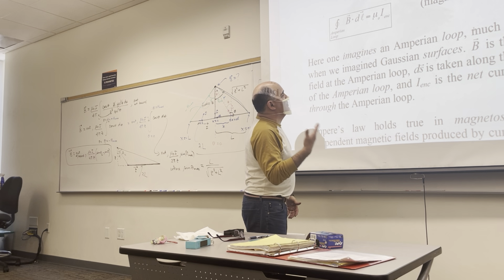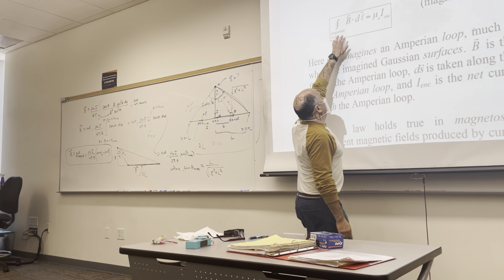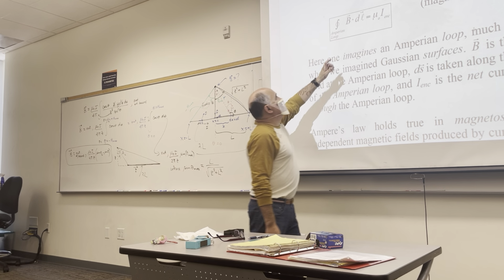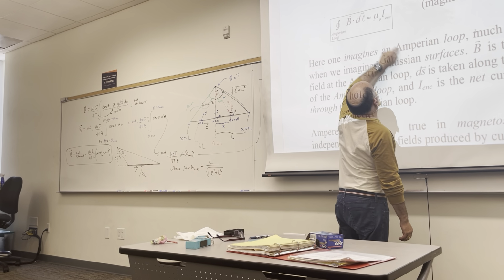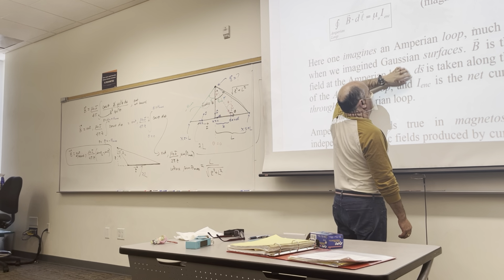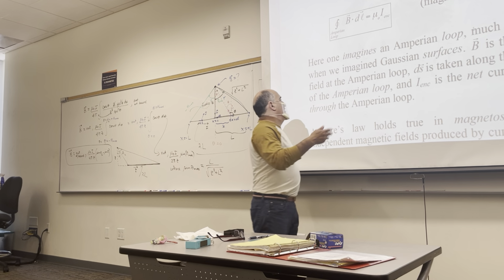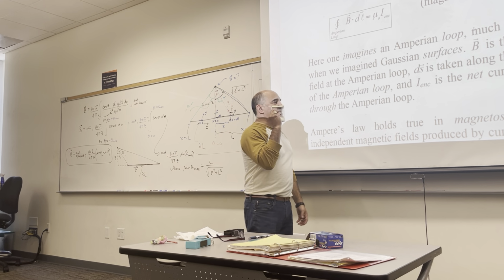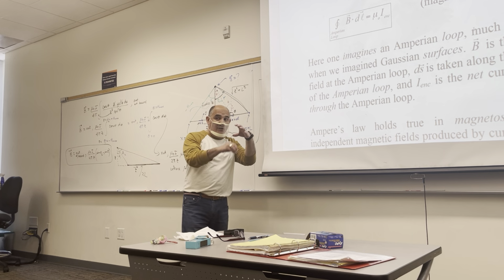This is called an Amperian loop. So B is the magnetic field at the Amperian loop. I wrote it as S over here, but it's the same as the L. I should have been consistent. It's just an infinitesimal length along the loop that you imagine, and I enclosed is just the net current that goes through the loop.